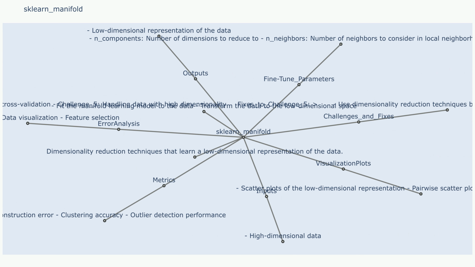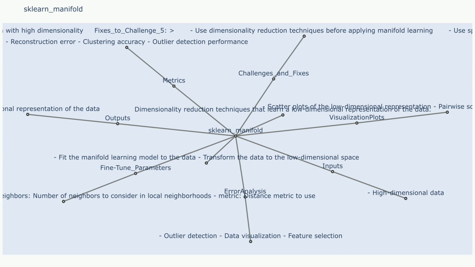Steps. Step 1: Initialization. The manifold learning algorithm starts by initializing the embedding space and assigning initial positions to the data points. Step 2: Optimization. The algorithm iteratively adjusts the positions of the data points in the embedding space based on the chosen distance metric and constraints.